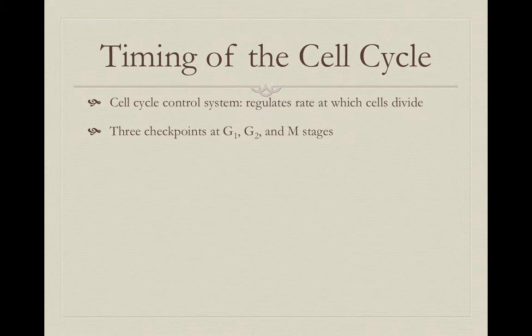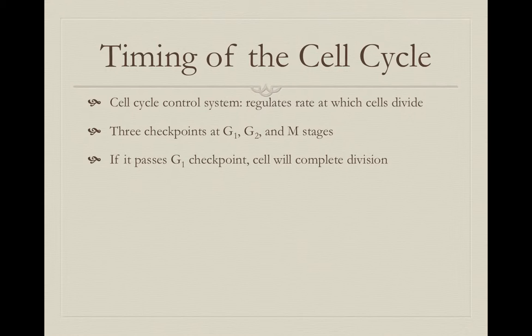Finally, the last thing I'm going to talk about is the timing of the cell cycle. We have a cell cycle control system in our body, which regulates the rate at which cells divide. There are 3 checkpoints during the cell cycle. The most important checkpoint, I think, is the G1 checkpoint. If a cell passes the G1 checkpoint, the cell will most likely complete division.